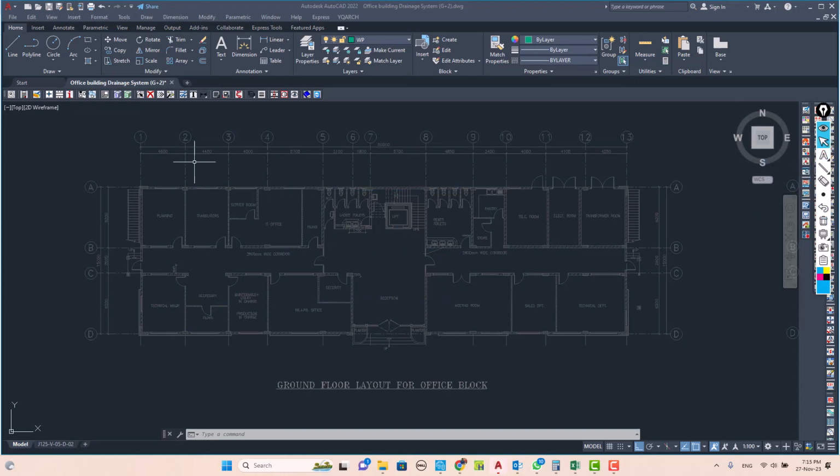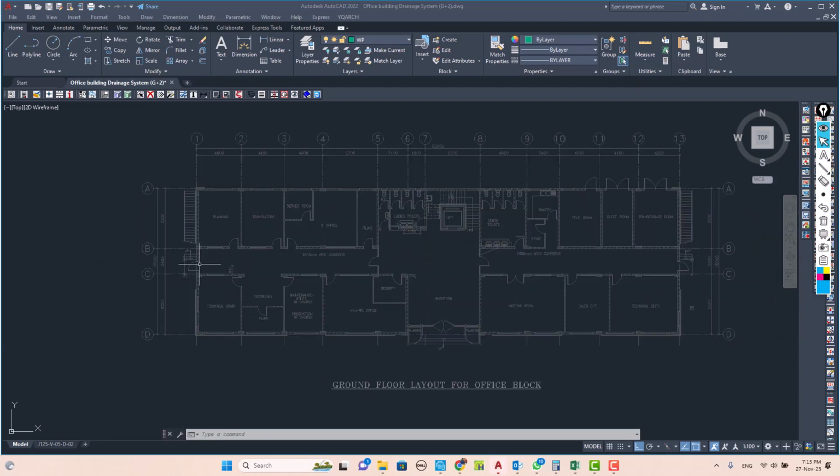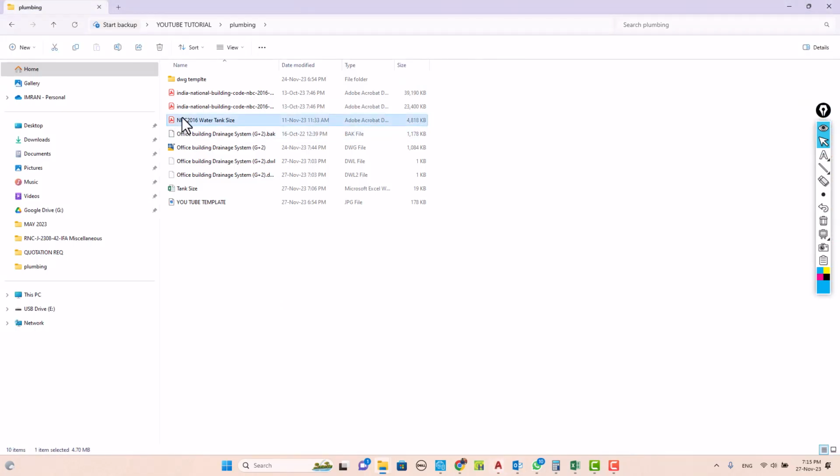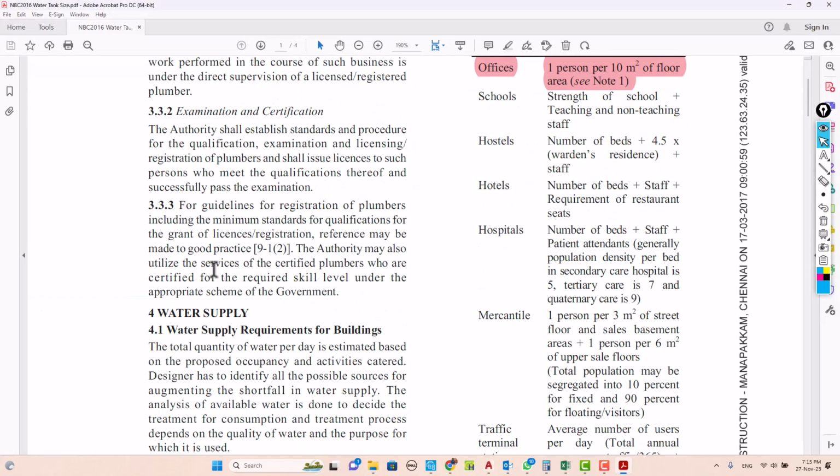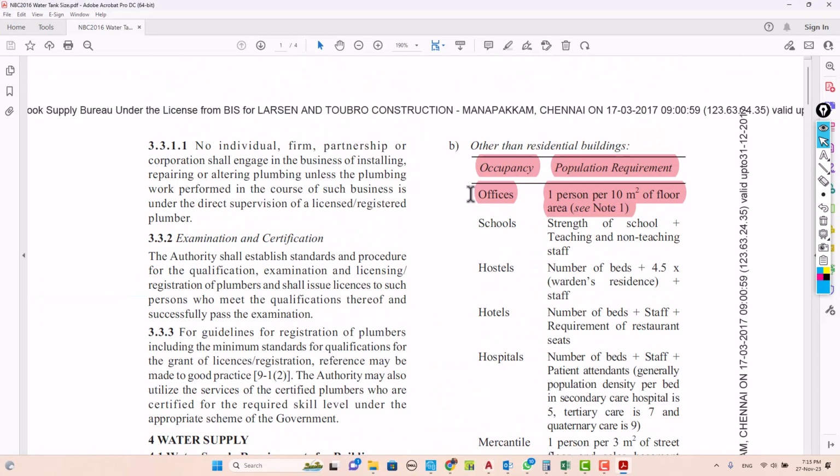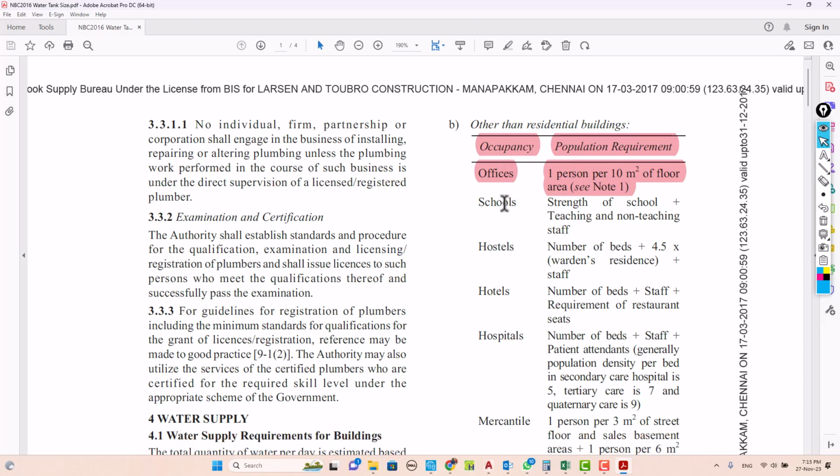Okay, so suppose this is the office. Now we have to open the NBC code, and see, I already marked it for making the video. First, this is the office.